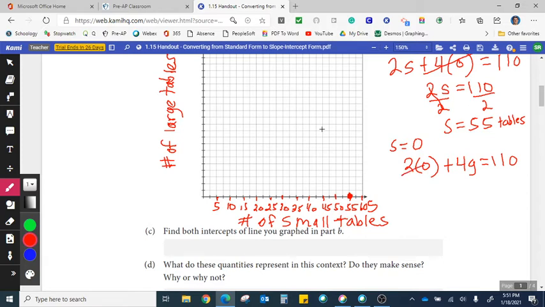That 0 doesn't mean anything, because adding 0 to something is just whatever it is. So I get 4g equals 110. I divide by 4, and I get g equals 27.5.